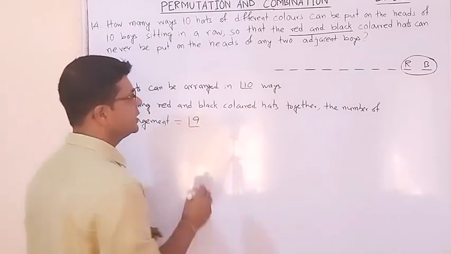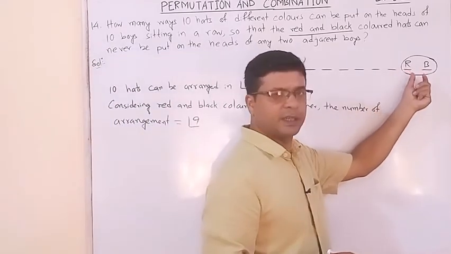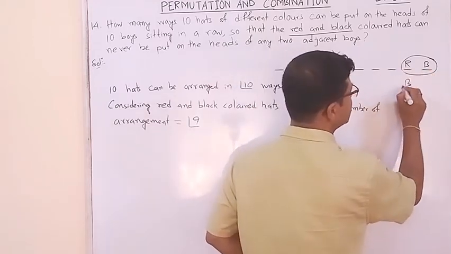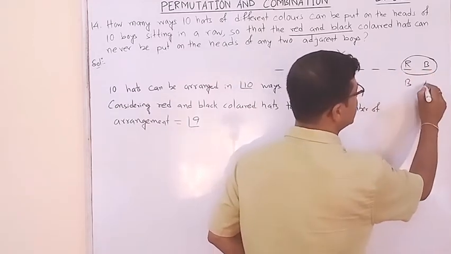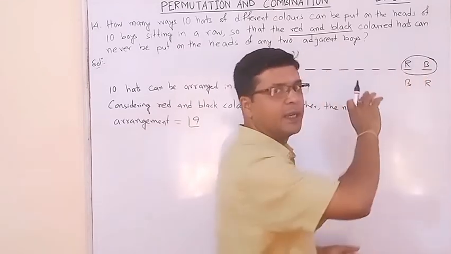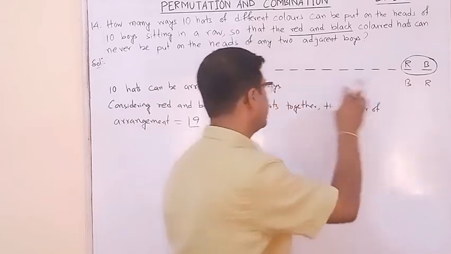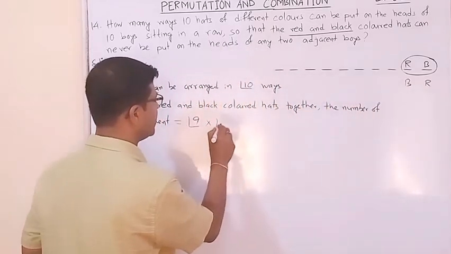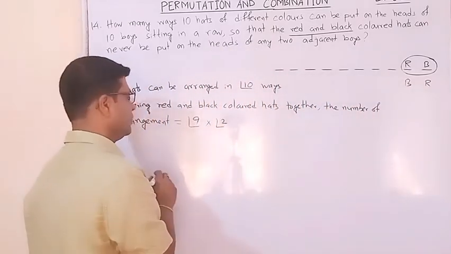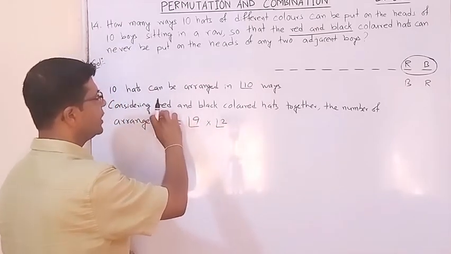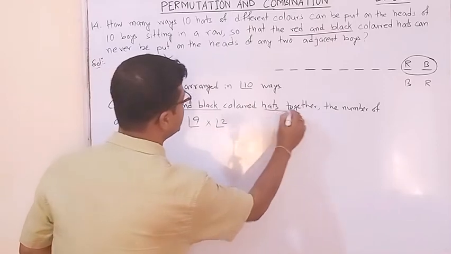But my dear students, this is a red colored hat, this is a black colored hat. The opposite thing also can be done, that is this may be black and this may be red. So this red and black color among themselves, or between themselves, we can arrange them in factorial 2 ways, that is into 2 or factorial 2, choice is yours. Now this is the answer considering red and black colored hats are together.